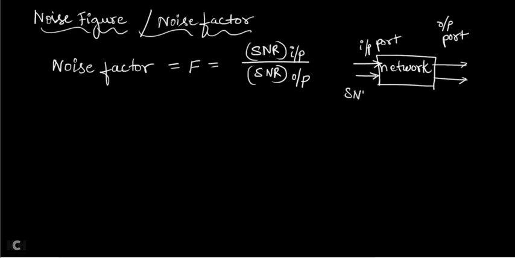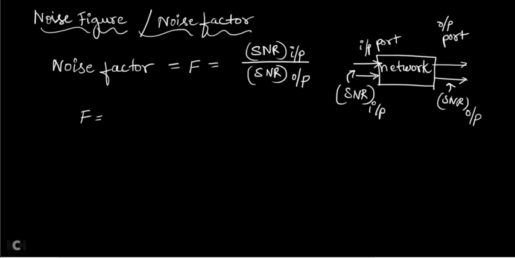If you calculate SNR at the input, it is called SNR input, and at the output side, SNR at the output. Now if you divide SNR at the input by SNR at the output, that term is called noise factor.